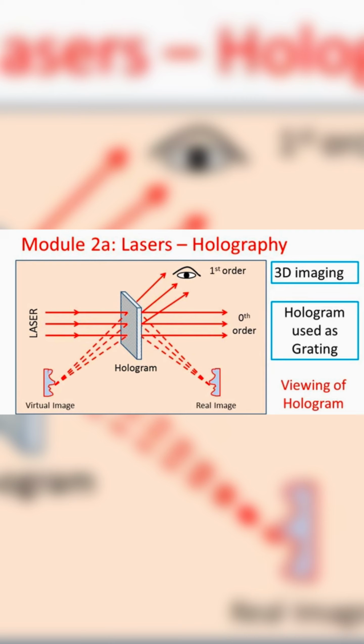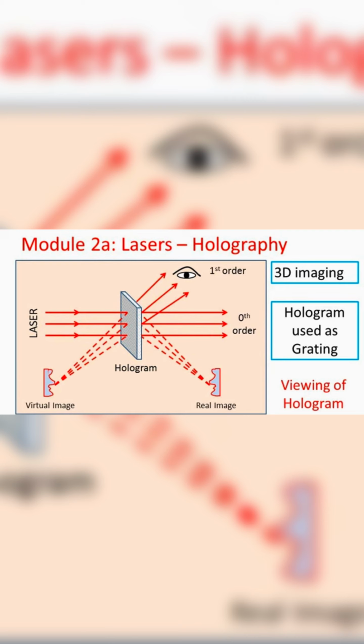A hologram doesn't contain a distinct image of the object. It is only a record of the interference pattern formed by the superposition of coherent light beams, one coming from the mirror and the other coming from the object.